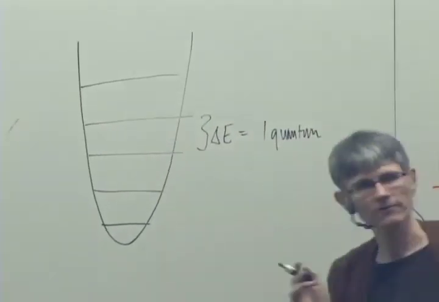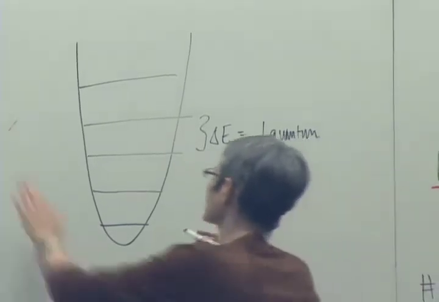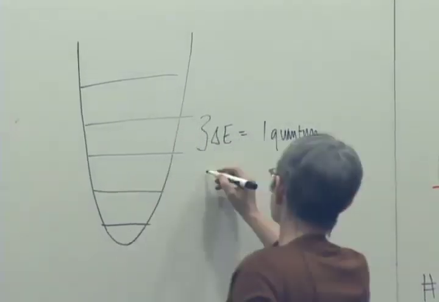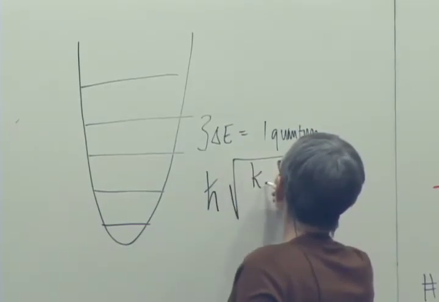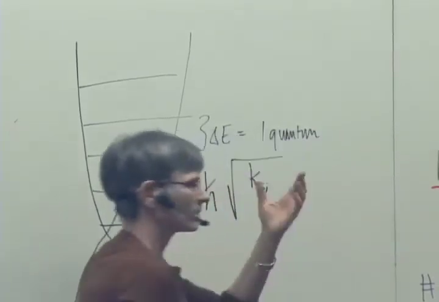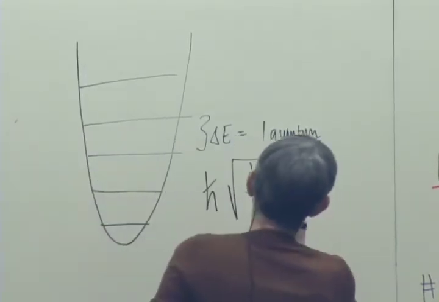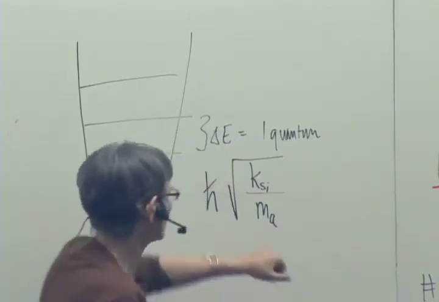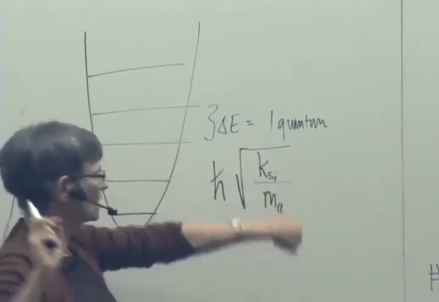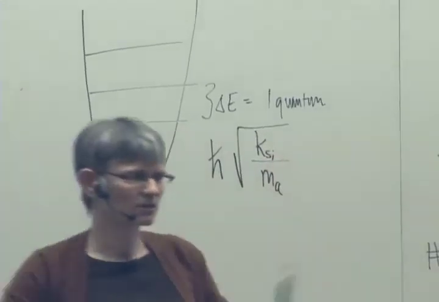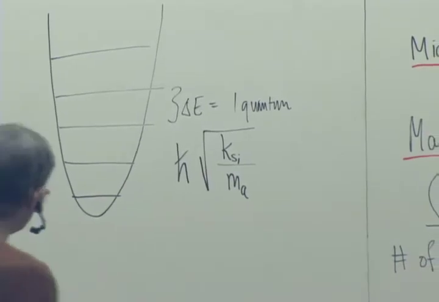And we remember from chapter 8 that this had the value of h bar times the angular frequency of the oscillator, the square root of K over m. In this case, since we're talking about a microscopic object, it was the interatomic spring stiffness and the mass of one atom, not the mass of a mole of atoms, because the oscillator is that.